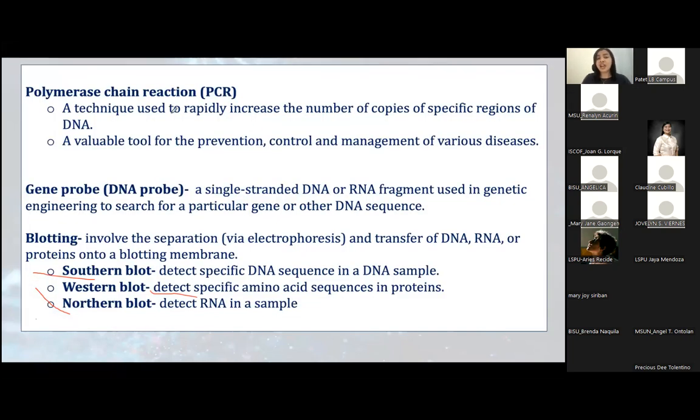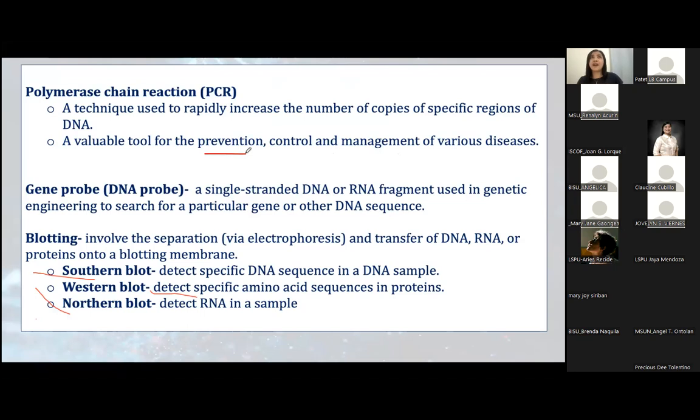So PCR is used for the prevention, control, and management of various diseases. Naalala ninyo yung lecture natin last time about white spot syndrome virus. Sabi ni Joshua, prevention is better than cure. That is correct. Now, this PCR is used as a prevention.